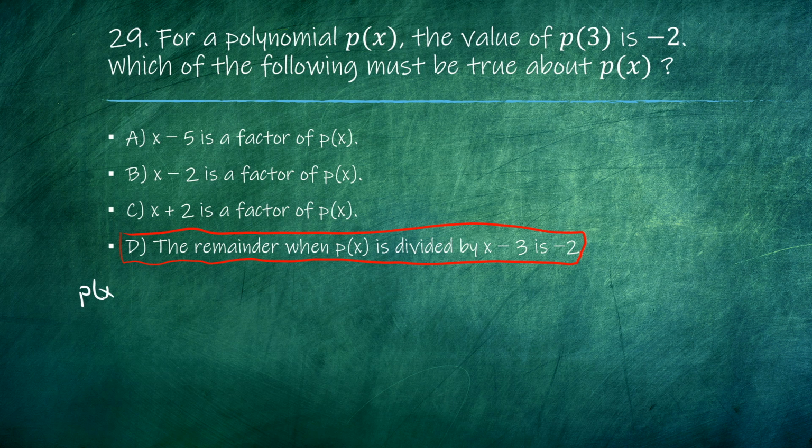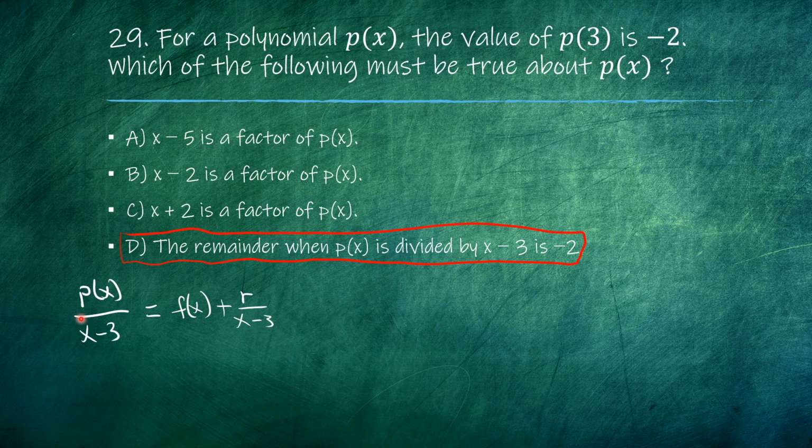When we have this polynomial divided by x minus 3, we know that it will give us another polynomial, which we can call f of x, plus a remainder number over this. And once again, this remainder could be 0, could be anything.